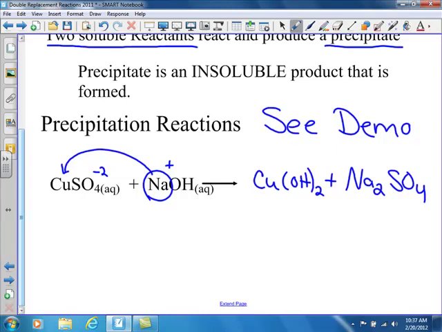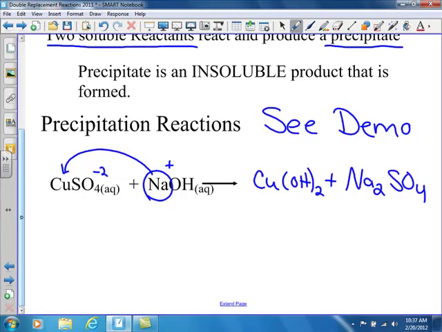Now, the other part of this double replacement reaction is looking at these 2 products. As I look at those 2 products, one is going to be insoluble and one will be soluble. So now you go to your solubility chart and we're going to figure out which one's going to be soluble and which one's going to be insoluble. And if you remember, the one rule I told you to memorize was that all group 1 elements are always soluble.